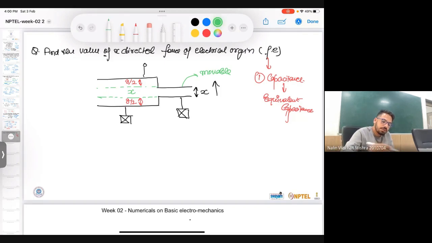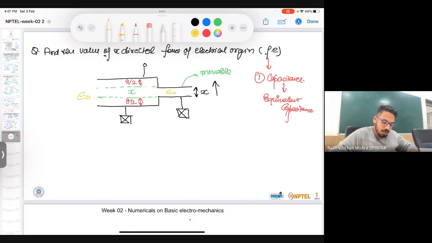Okay, the dielectric value for this capacitance is given as, okay, you can assume the same medium. So it will be epsilon naught, and this is also epsilon naught. So please try to solve it. First calculate the equivalent capacitance, then you can easily calculate the force of electric origin or the electrical force.